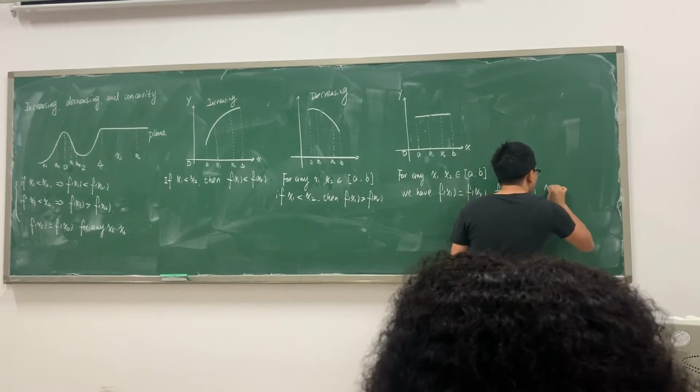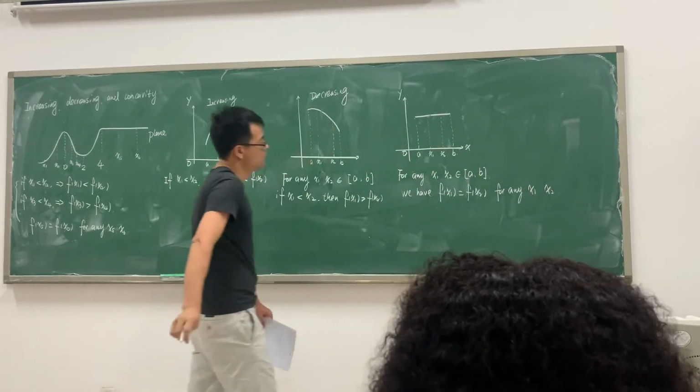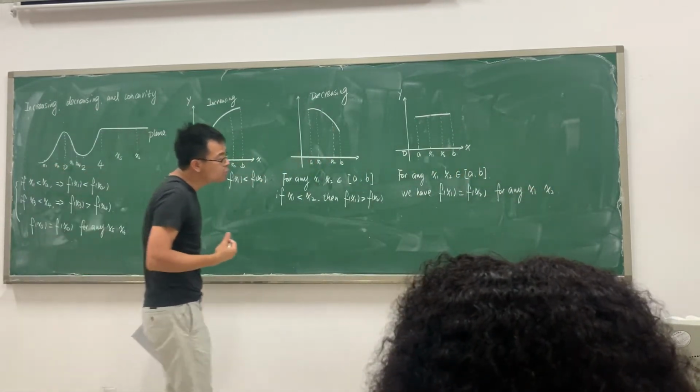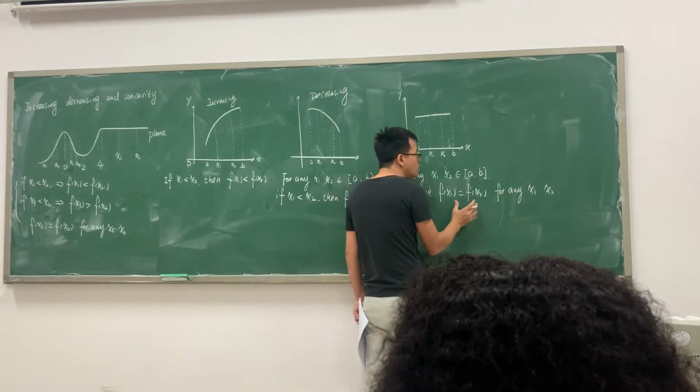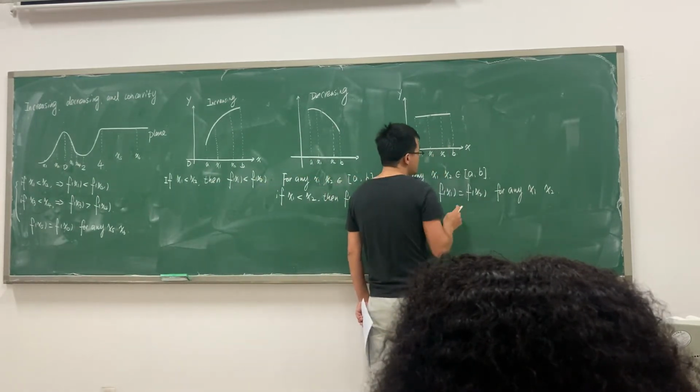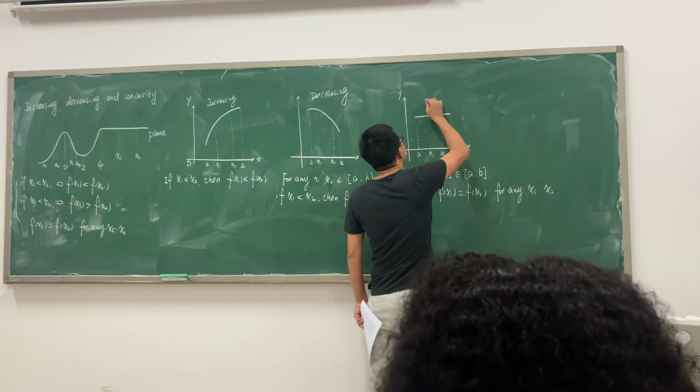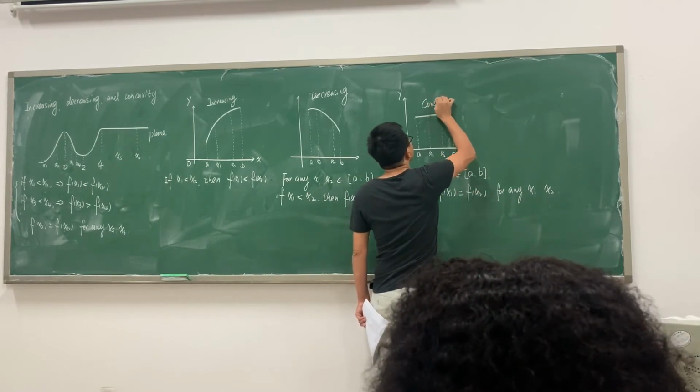For any x1, x2 belonging to the interval AB, we have f(x1) equal to f(x2). So this is the definition of a constant function.